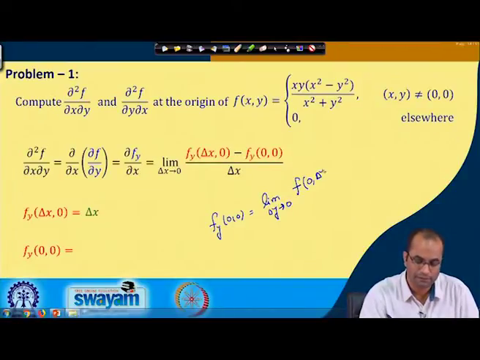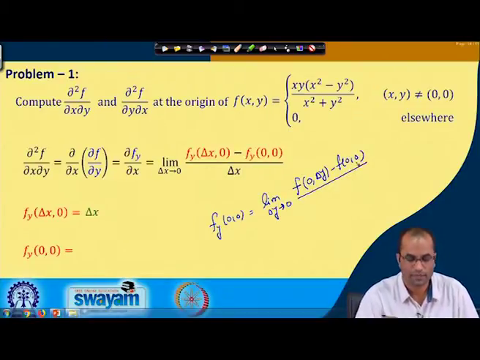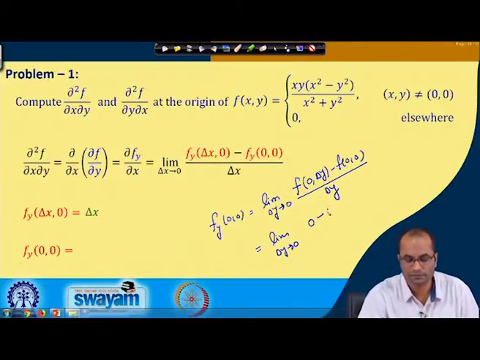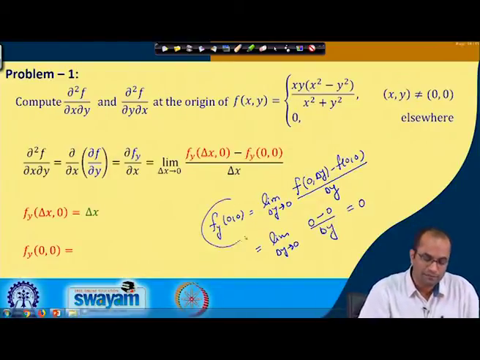Here we have f(0, delta y) minus f(0, 0), divided by delta y. In this limit one argument is 0, so the product becomes 0, and minus f(0, 0), which is 0 as given. So this will be 0. The partial derivative with respect to y at (0, 0) is 0.